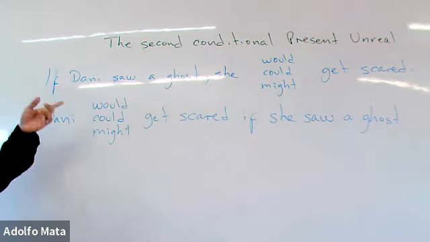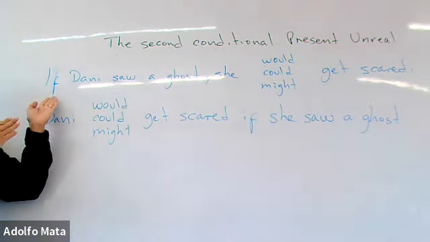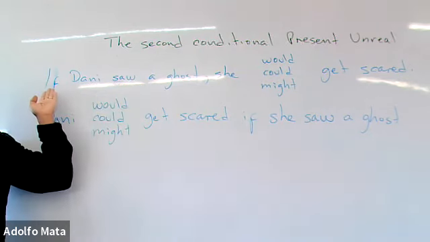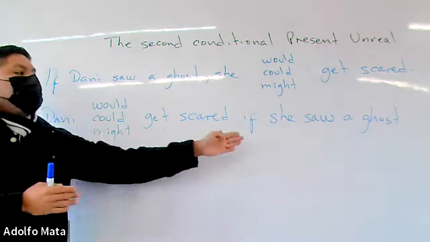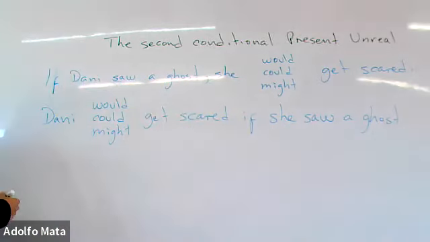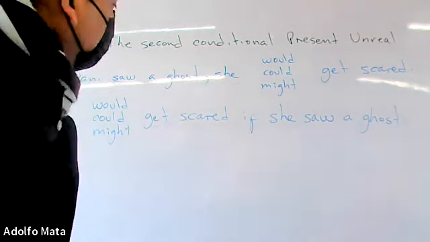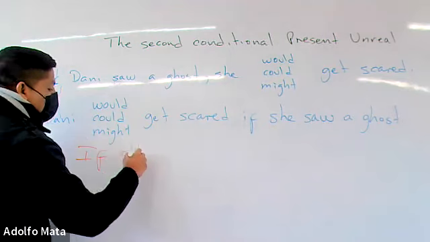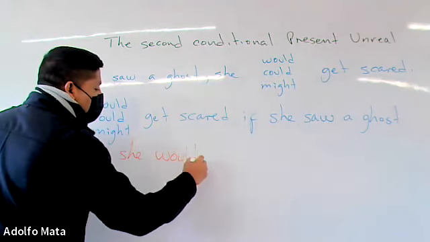But now pay attention. It is after if when we use simple past, whenever it is, if it is at the beginning or if it is in the middle. Some people write something like this: if she would.